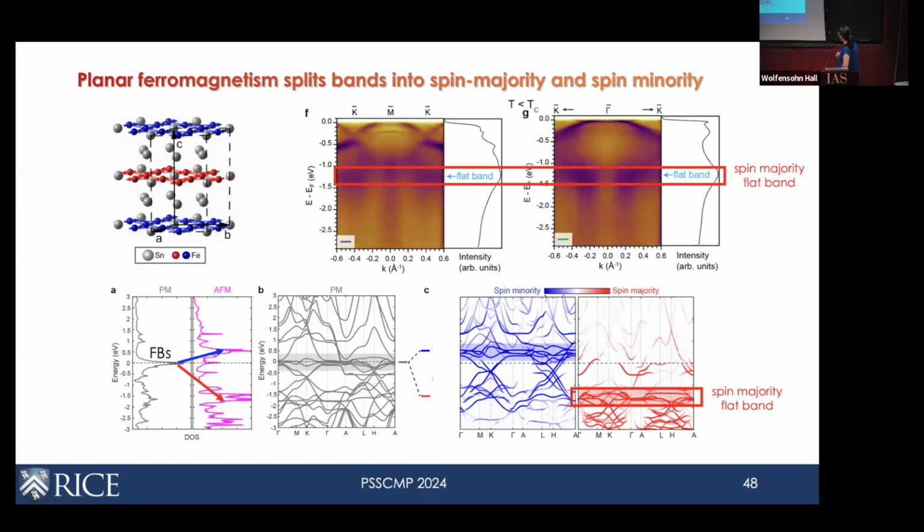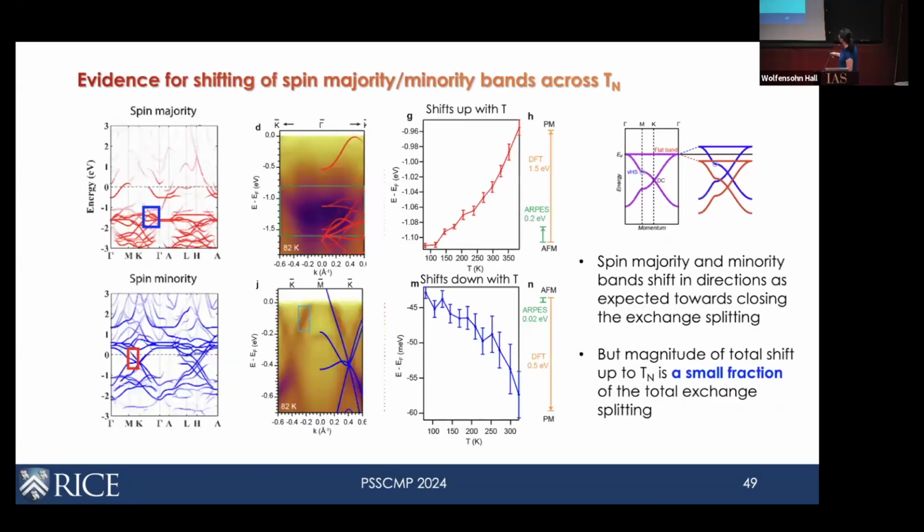Next, we want to ramp the temperature across the ordering temperature. We can find pieces of the band which belong to the spin majority states, and as a function of temperature, they indeed move up as expected. Then we can find pieces of the band that belong to the spin minority states, and they indeed move down as you ramp up temperature.